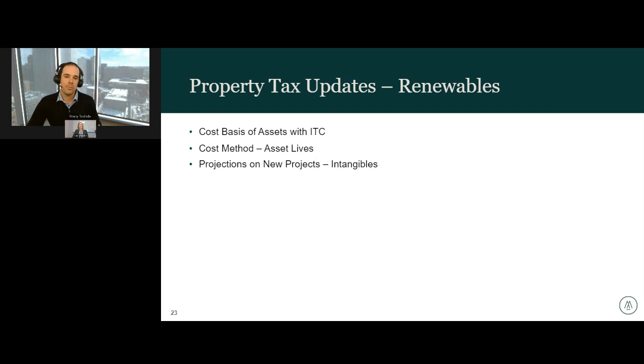Therefore, ripping out some of the intangibles that should not be subject to property tax can result in substantial benefits: software costs, some of the engineering costs, or permitting. Depending on the jurisdiction, all of these might be able to be removed from your cost basis and therefore reduce your overall property tax liability. That's my update on property tax. Back to you, Lori.